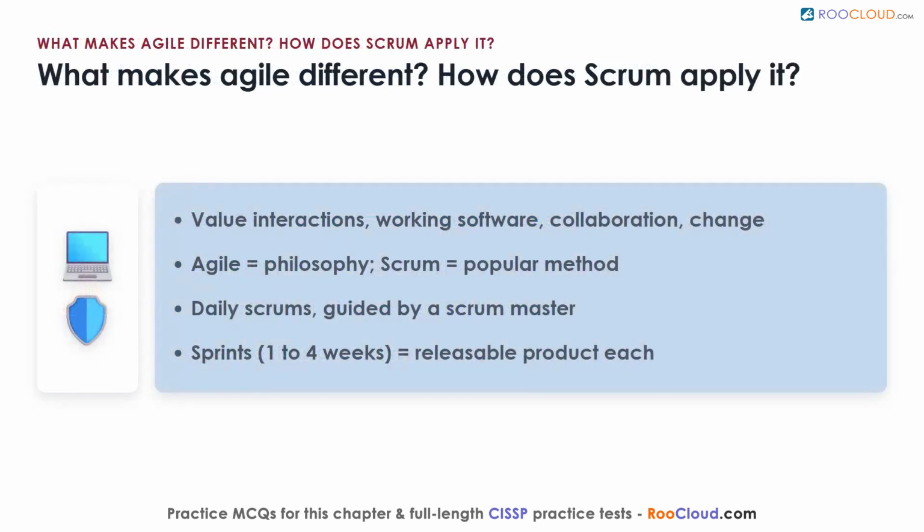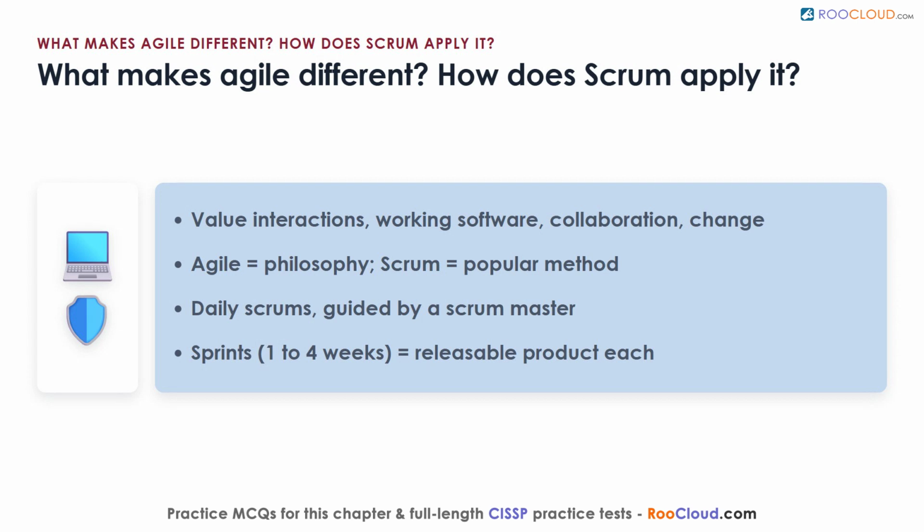What makes the Agile approach different, and how does Scrum apply it? Agile grew from a reaction against rigid, heavyweight models, valuing individuals and interactions, working software, customer collaboration, and responding to change. It is a philosophy, not a single method, and several methodologies put it into practice, with Scrum the most popular.